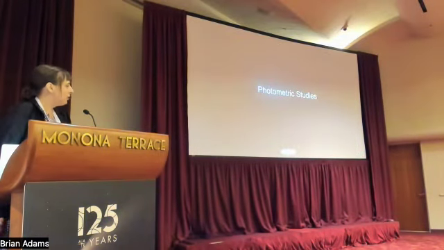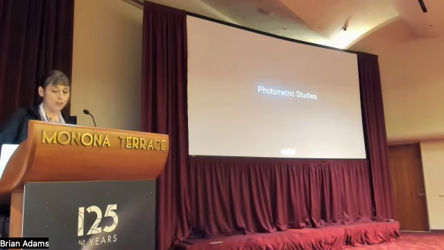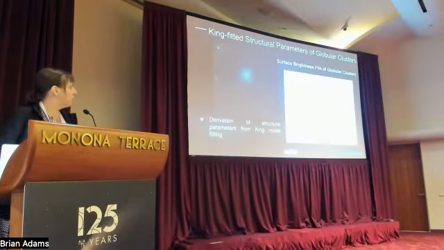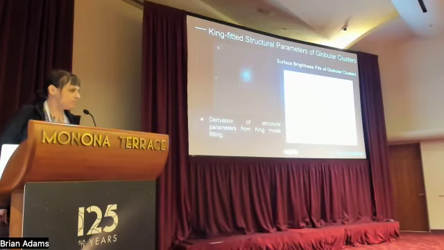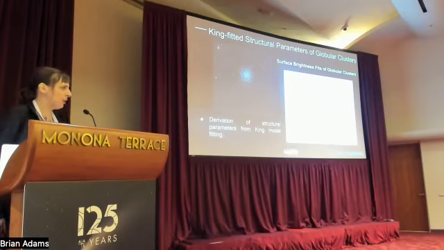Other than time domain astronomy, we're able to do photometric studies that are not in the time domain as well. One example of these includes doing surface brightness on globular clusters. This is a project doing fits to the surface brightness of globular clusters, fitting King models to those globular clusters. King models are just a model that fits globular clusters pretty well.